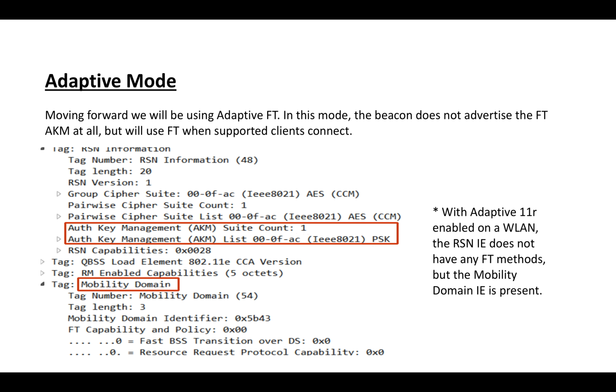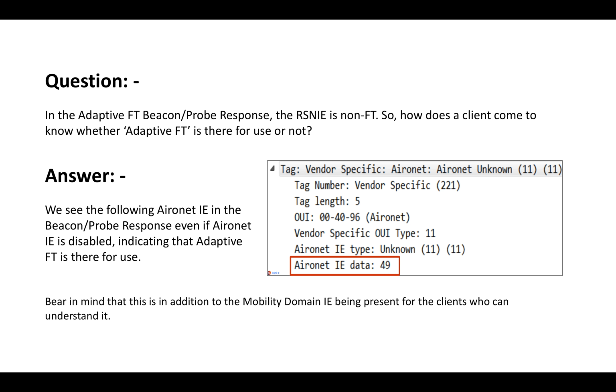But it does have something called a mobility domain IE. So when the client is looking at it, it can see that RSNIE, no FT. MDIE, there is FT. So how do we take it? So I'll come back to that.